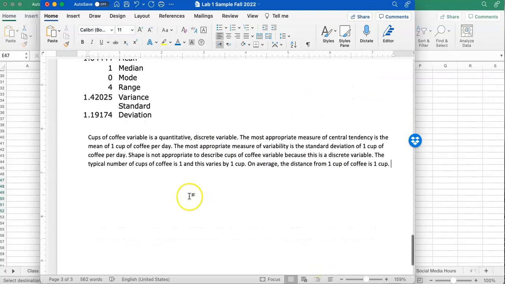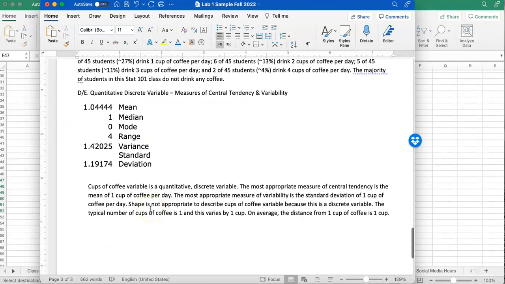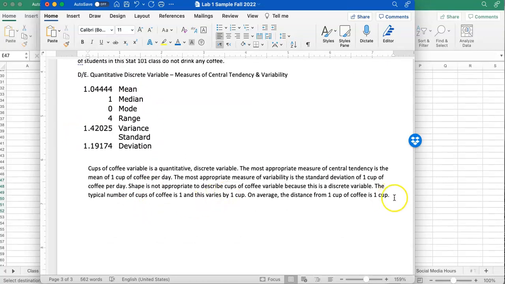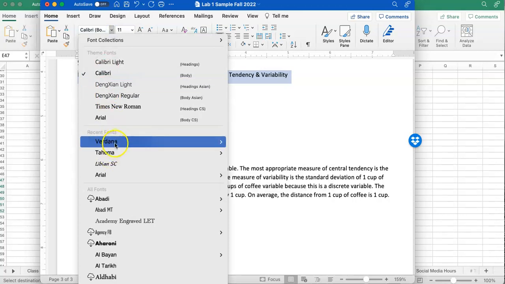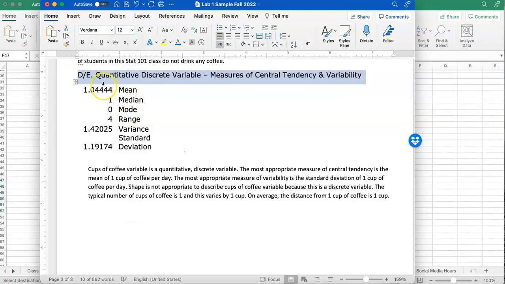So that's for part D, or E. Could be DE. So let me do this, because I don't remember if I put D or E as quantitative discrete. I think the quantitative continuous might have been first. So let me go ahead and make this bigger as well, just clean it up a little bit.